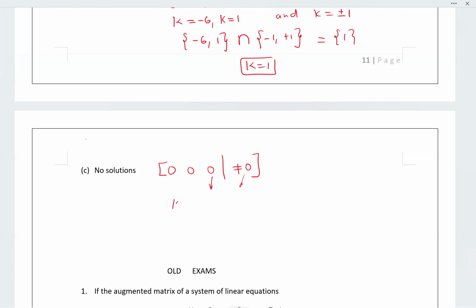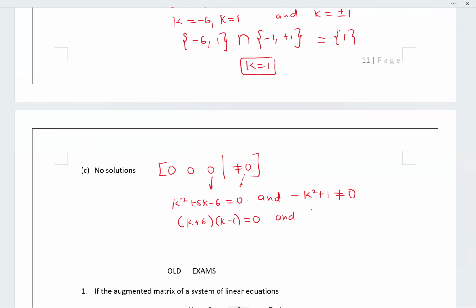So your k squared plus 5k minus 6 has to be 0. And the right-hand side, which is minus k squared plus 1, should not be 0. This we already talked about. This is the same thing as k plus 6. We already factorized this before.